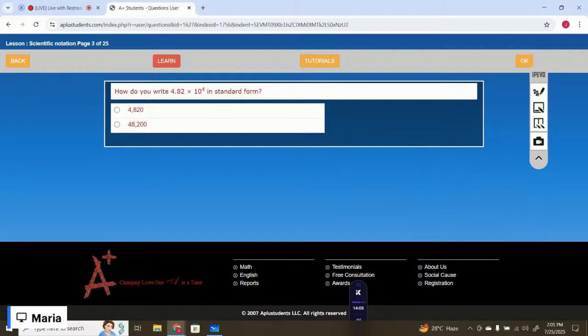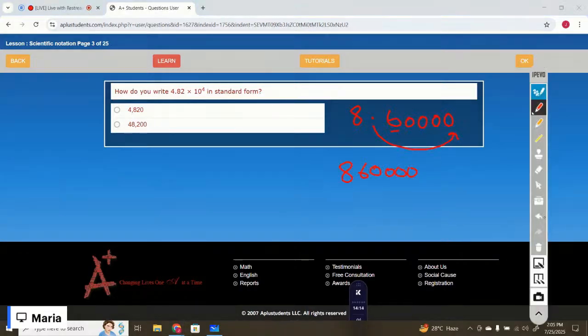How do you write 4.82 times 10 exponent 4 in standard form? So we need to move the decimal point 1, 2, 3, 4 places, from here to here.